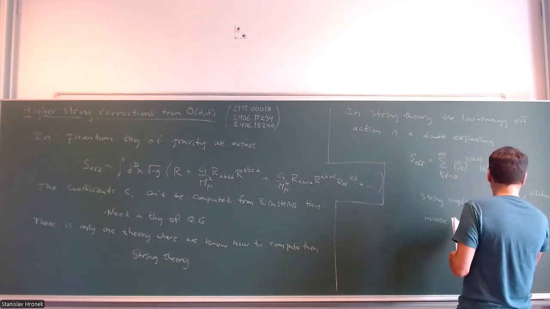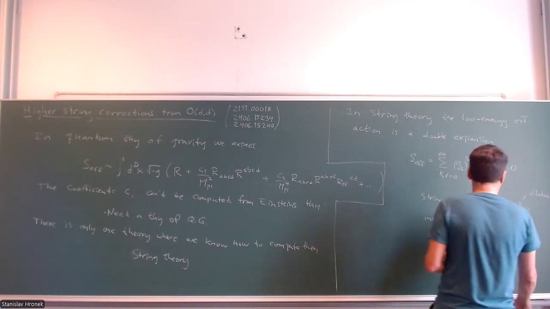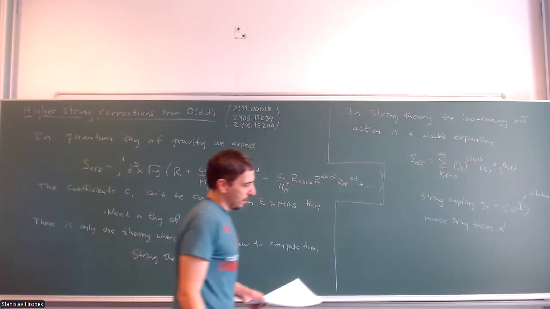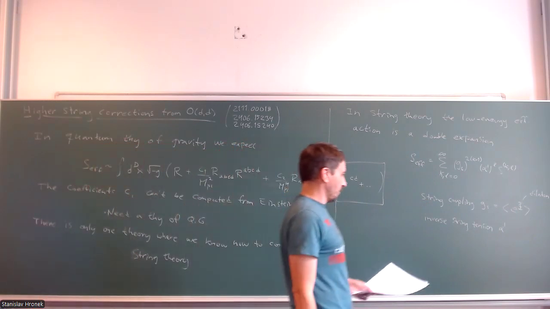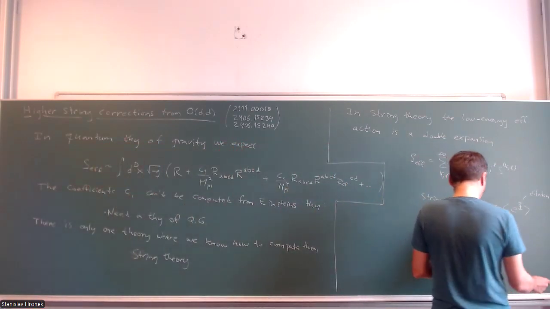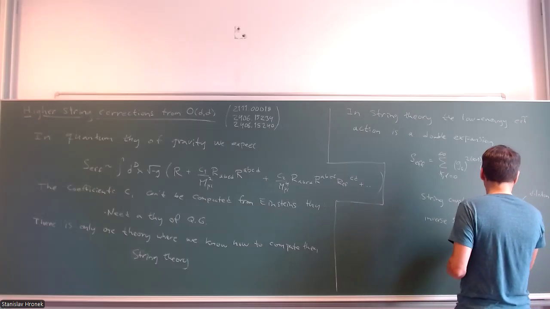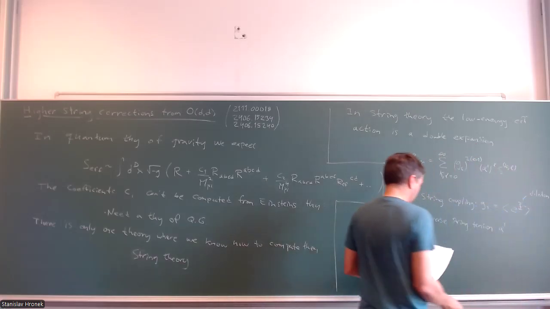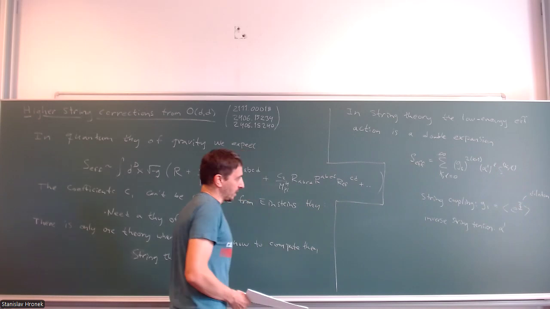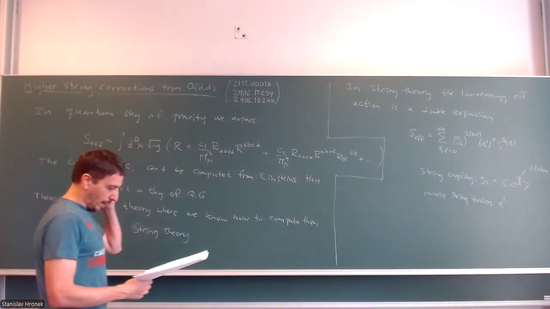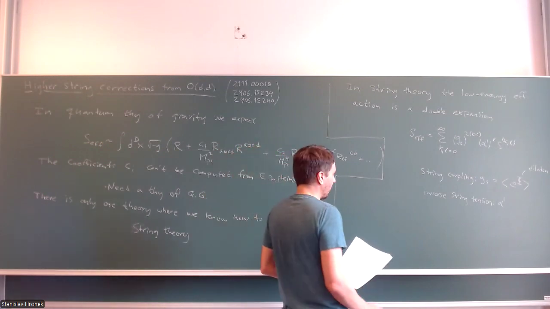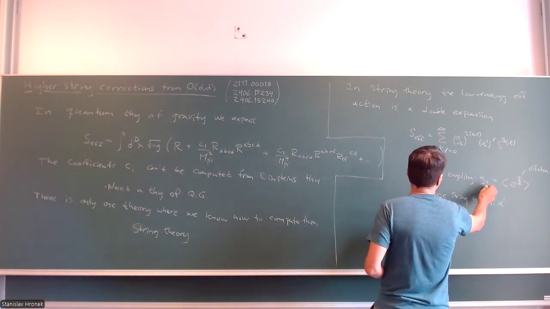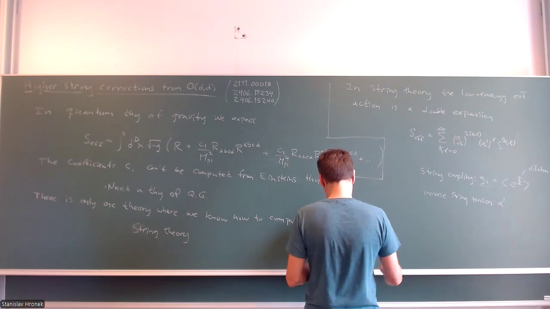It measures the stringiness, how much it deviates from the particle case corresponding to alpha prime 0. Okay, so we have an expansion in these two things. But for this talk and in these papers, I will not consider the G_s corrections.